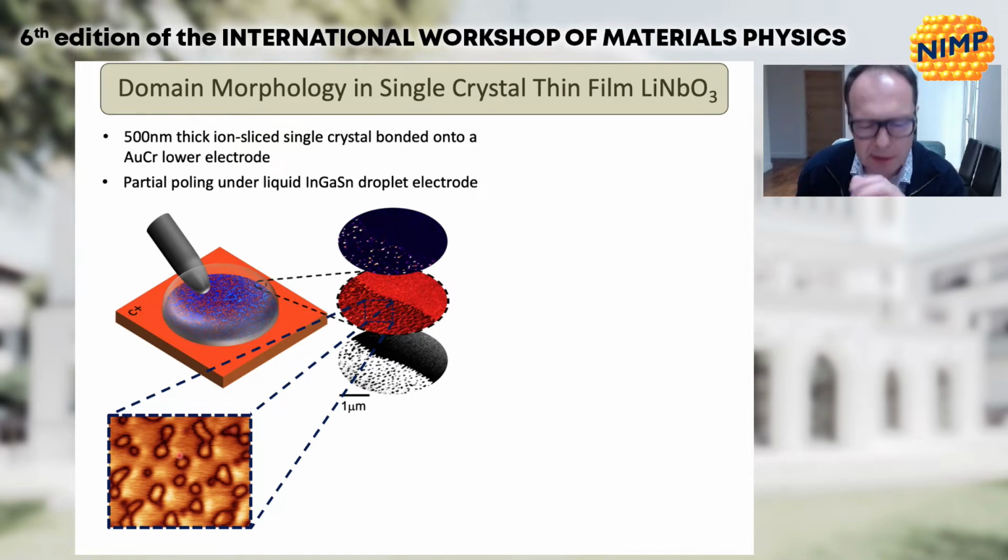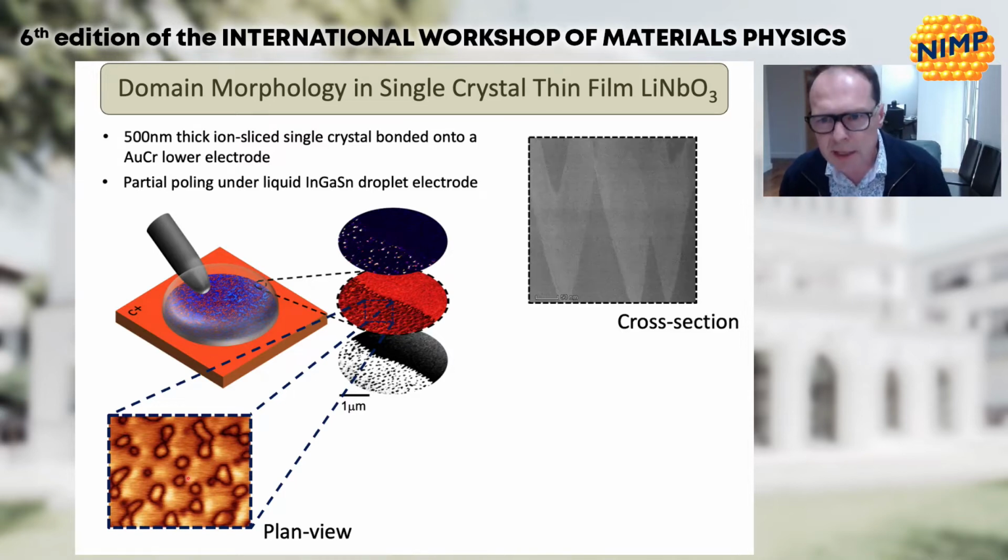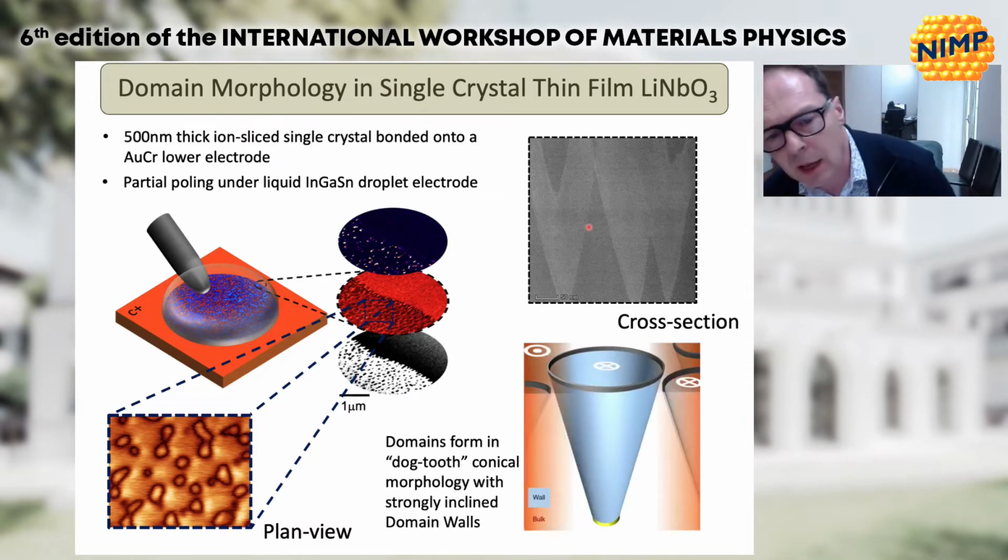Sometimes they coalesce, yes, but in the majority of cases, you have isolated circles. The cross-sectional view, so this is cross-sectional STEM information, shows sort of isosceles triangles in terms of domain morphology. And so in 3 dimensions, these domain walls look like conical surfaces.